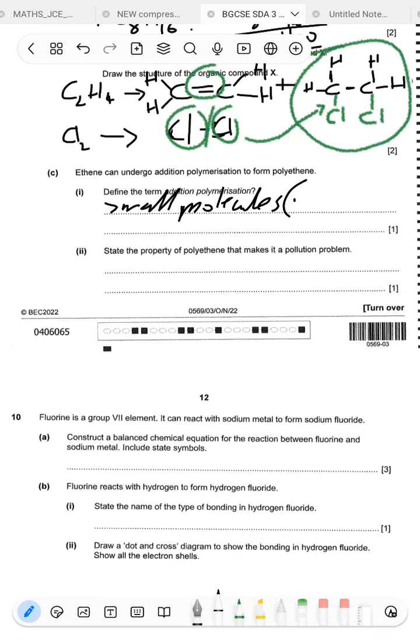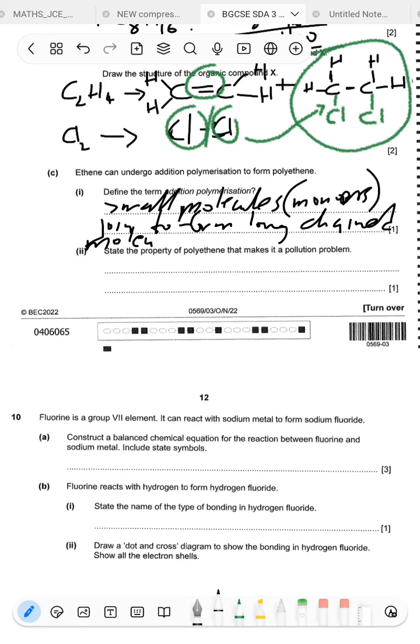Molecules called monomers join to form long chained molecules called polymers. Okay, called polymers.